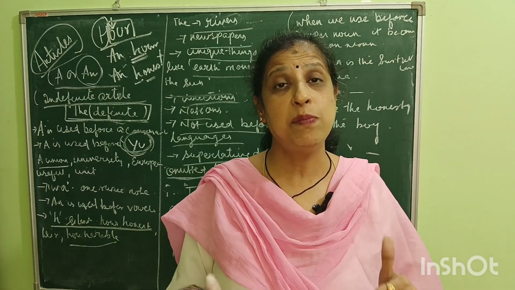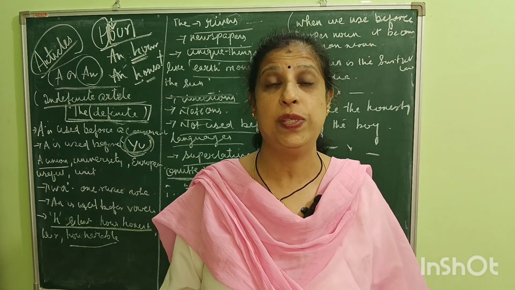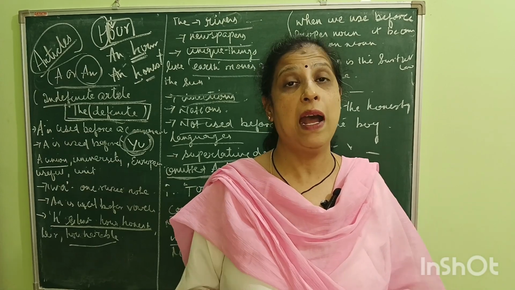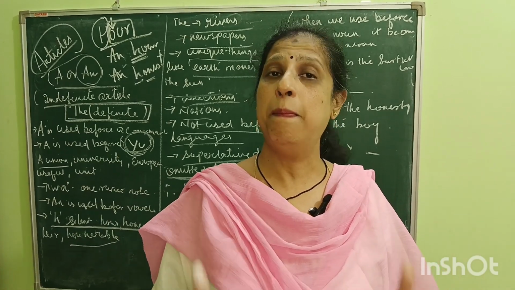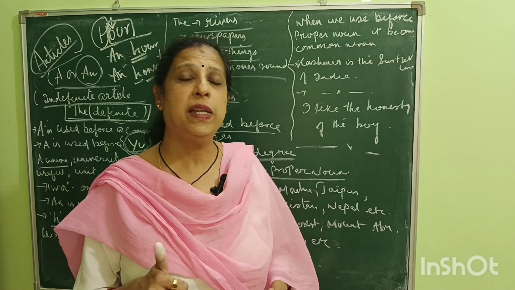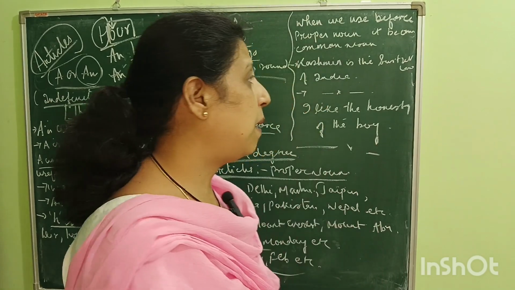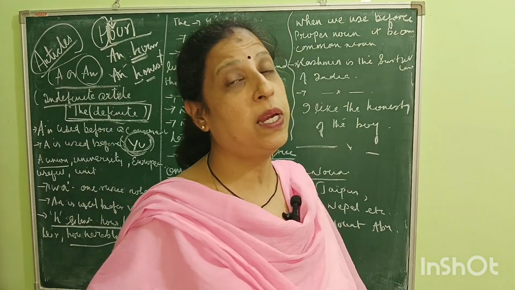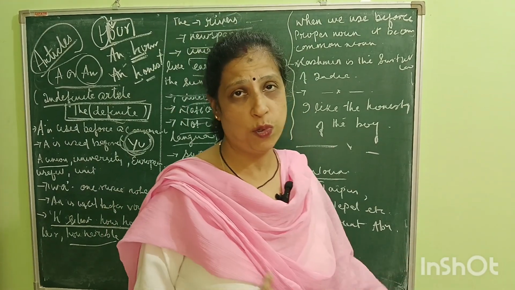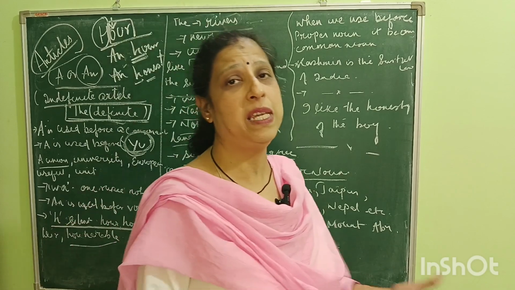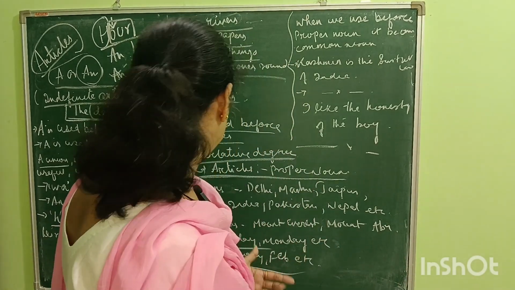I am telling the names of the months, but I am not using the, a or an before the name of the months. Okay, so in this case we can remove the article the. You can remove a or an. We don't use any articles before these proper nouns.